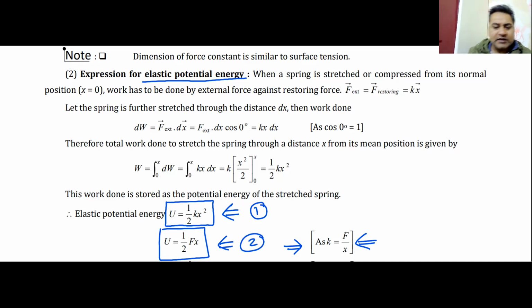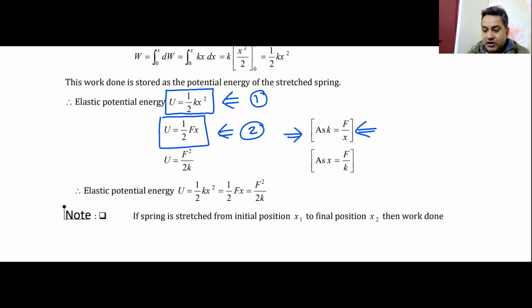They are not different, they are written in different ways, they represent the same thing. Similarly, I can write it in a different way as well. So now I can substitute the value of x as F by k, and I have the third variation of the same formula.